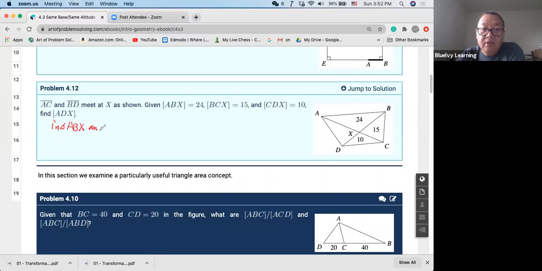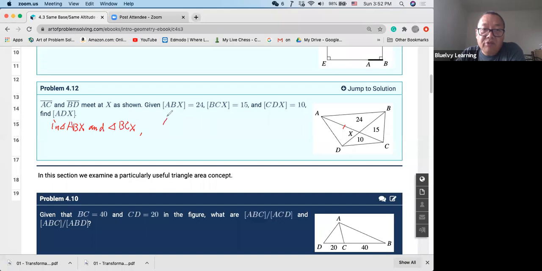and triangle BCX. Then you can consider AX is the base of triangle ABX, and XC is the base of triangle BCX. Then these triangles will have the same altitude, right?